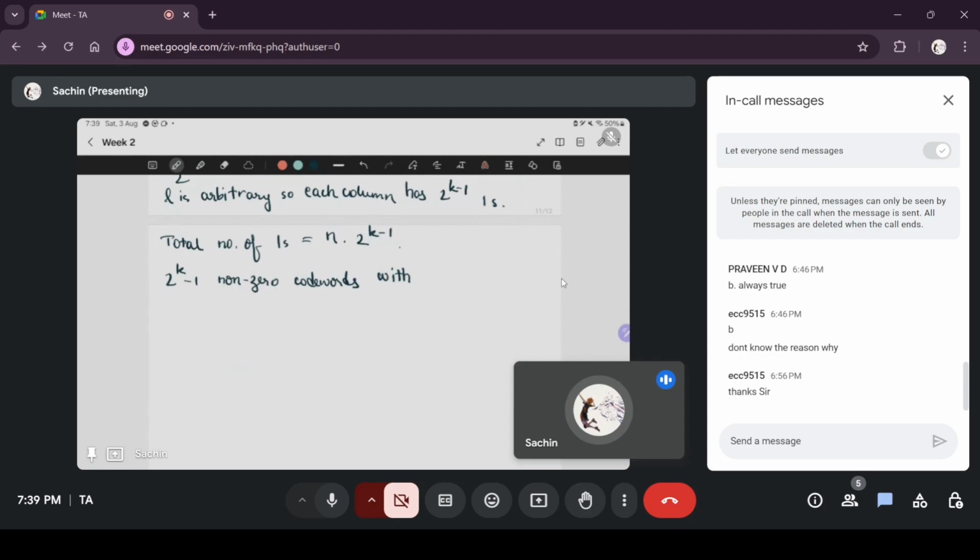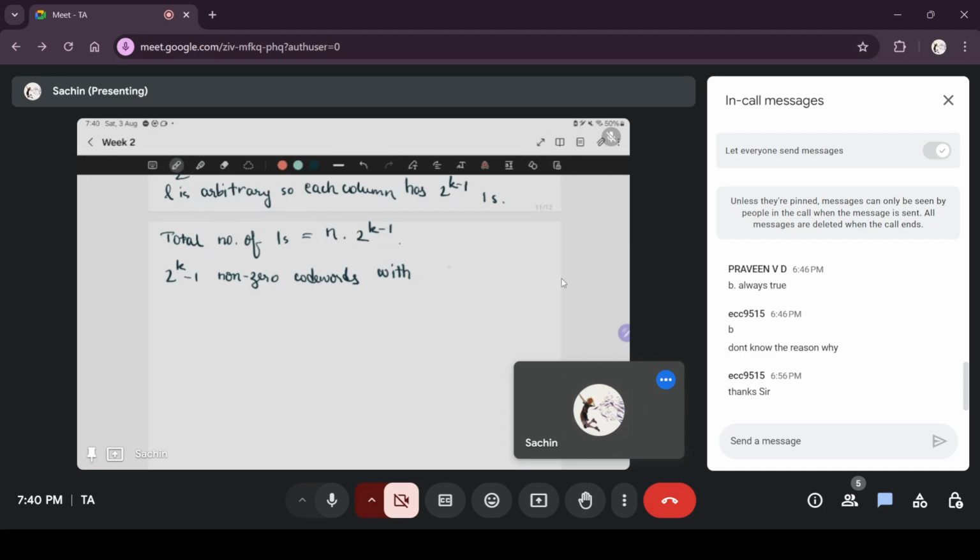Since, as we saw in one of the previous questions, the minimum distance is equal to the weight of the minimum weight code word. That means all the code words that are not zero must have a weight which is larger than or equal to d minimum, with weight greater than or equal to d min.